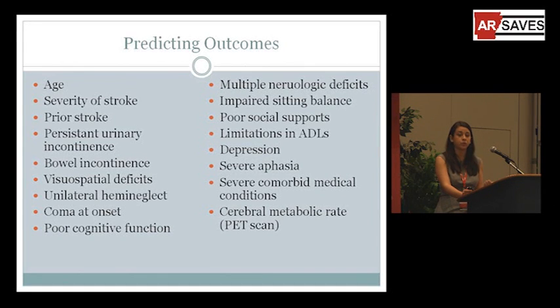Severity of stroke, how old you are when you have this stroke, if you have severe neglect after stroke, your social support is very important, your ability to do your self-care tasks, your activities of daily living. If your aphasia is severe, these are all things that are going to play a role in your functional outcomes and your eventual discharge disposition, whether you go home independently, home with family support, or to a post-acute rehab setting or skilled nursing facility.